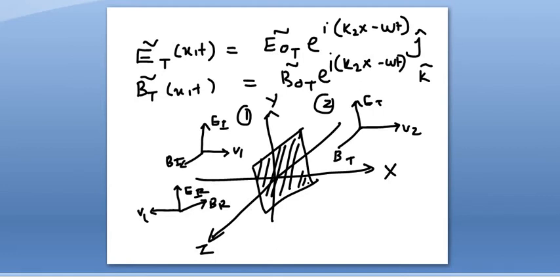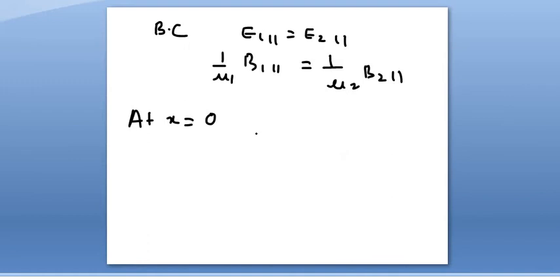Let us see how we represent them, in terms of directions. The first one we will write as E0I plus E0R is equal to E0T. Fair enough, there is no problem. Second, when you write B, it is not simply B, it is 1 by mu1 B1. What is the relationship between magnetic field magnitude and electric field? Electric field by velocity is magnetic field.